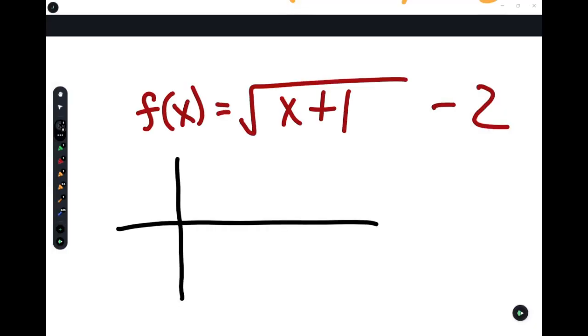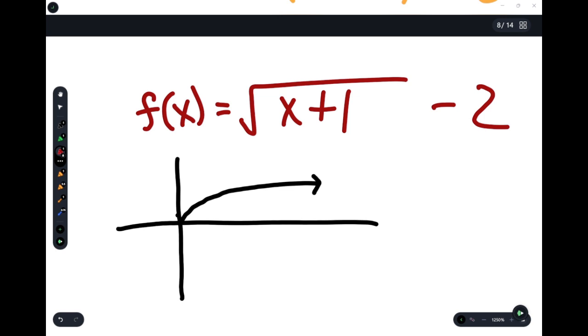Instead of that, we can actually know the function. The original looks like that. And what are we doing to that function? Down 2, but then to the left 1. Ooh, that's hard.